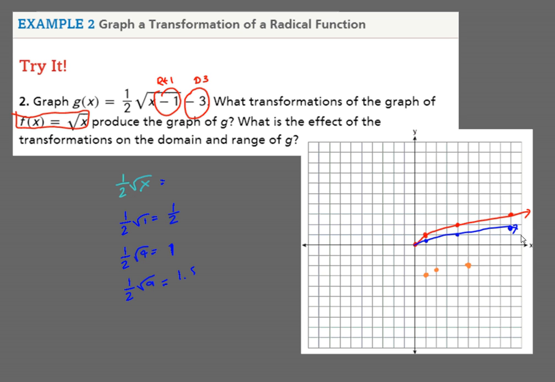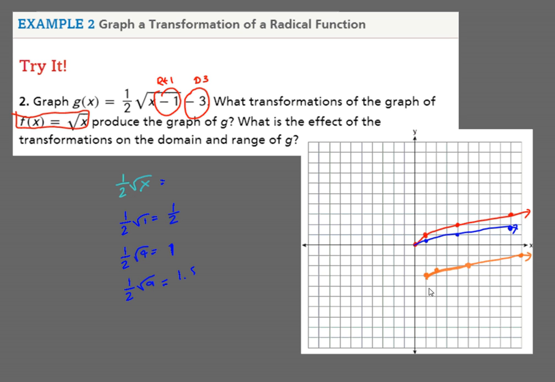Right 1 down 3. There. So we get this weird looking graph. But really what I did is I just shifted every single point right 1 down 3 and cut it in half. So instead of it being 1, 1, I shift it right 1, it becomes 2. Down 3, it becomes negative 2. Multiply it times a half, and you get that.